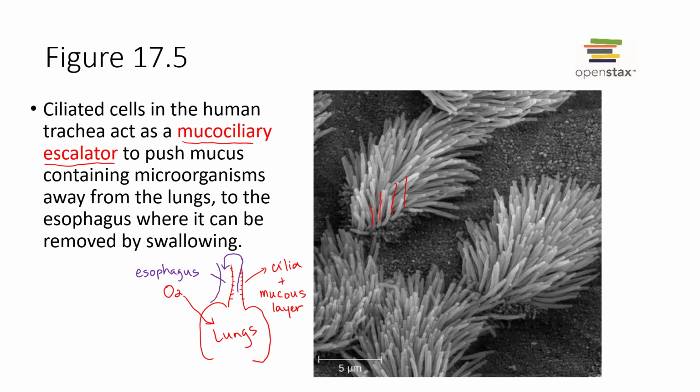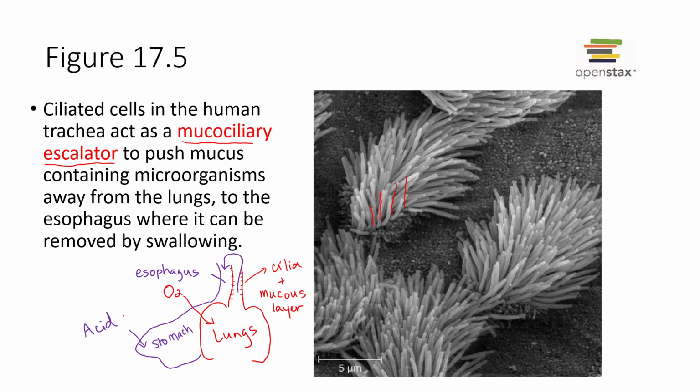If that material gets pushed into the esophagus, where does the esophagus go? That's right, into the stomach. And what is in the stomach? Acid. That's right. We have this internal acid bath called the stomach, and that low pH is really critical to denaturing proteins found on microorganisms.